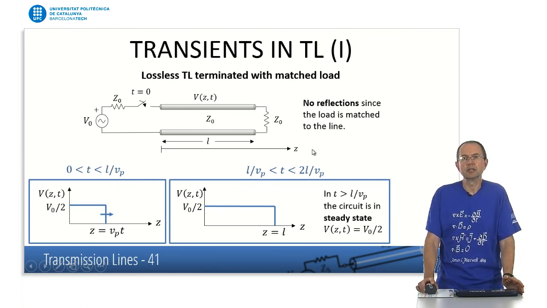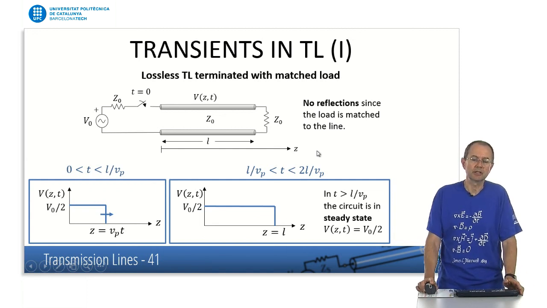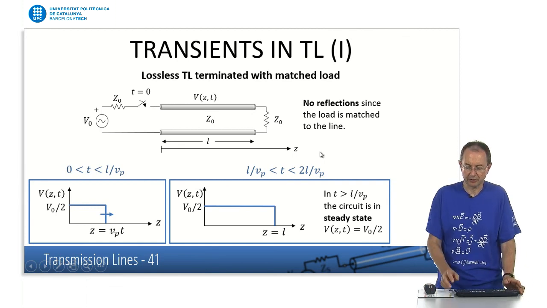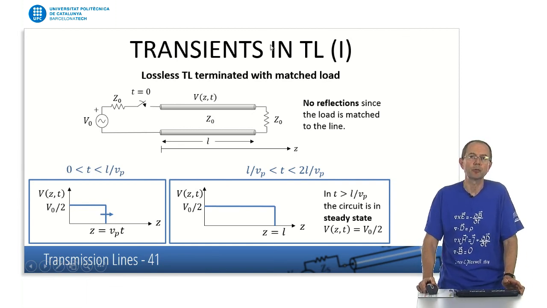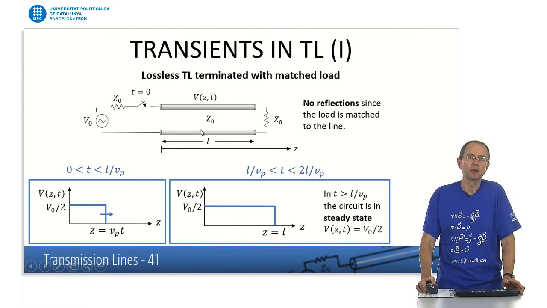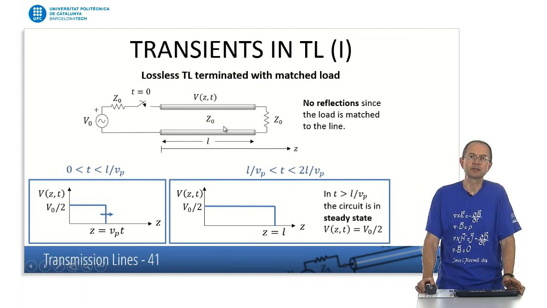Now, what is the behavior of the transmission line when it is used to communicate with digital signals to two or more different devices, for example, in a digital network of computers? Again, the same properties we have been studying up to now are valid in this case, of course.